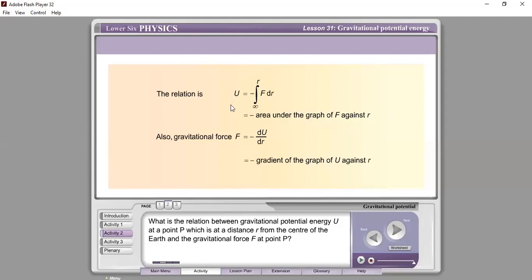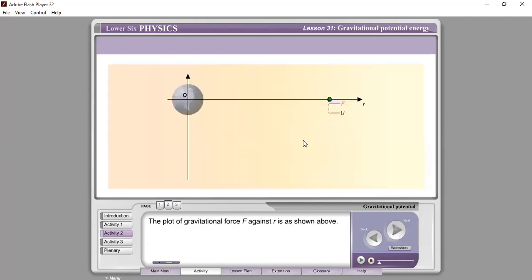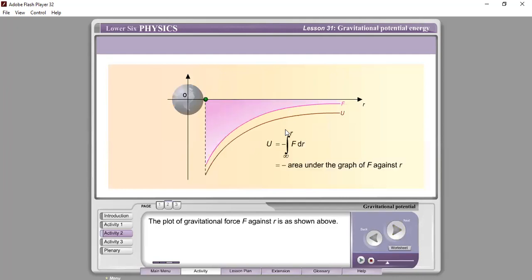So that means F dr, right? Force times distance will be equal to work done. That will be the energy. So in the graph of gravitational potential energy against r, the gradient represents the gravitational force. The plot of gravitational force F against r is as shown above.